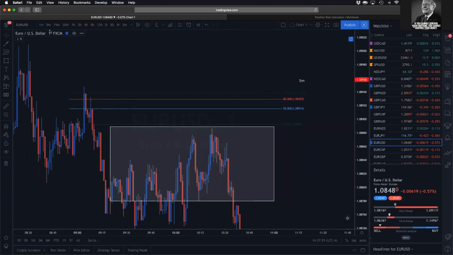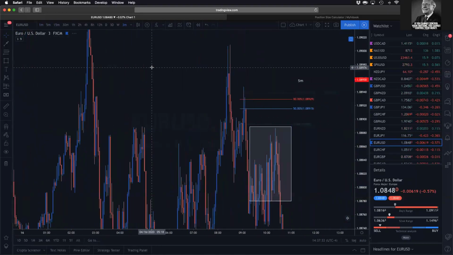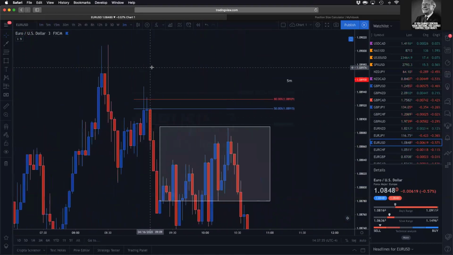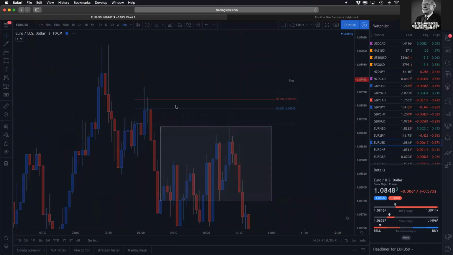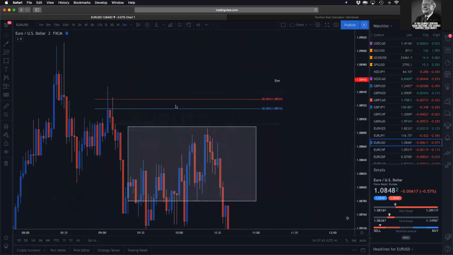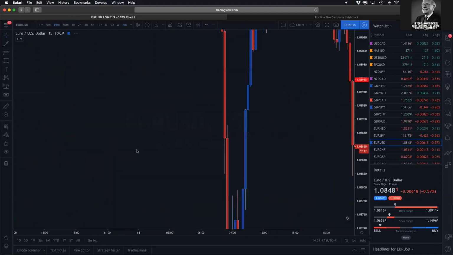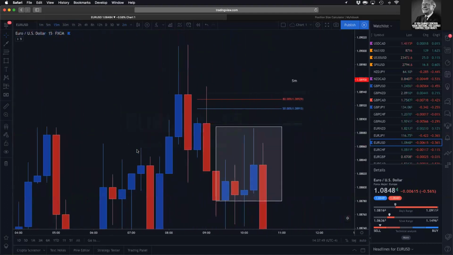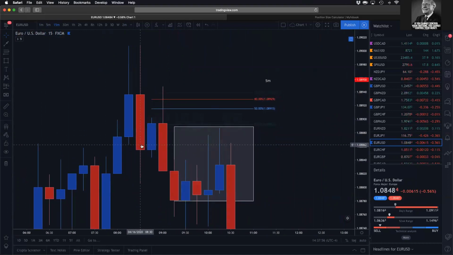Now let's go. Nope, not looking for this in here. I'm not looking at, let's see, 2 minute. The 2 minute, nope. Let's go to the 15. Okay, so 15, this mitigated out of this position here.